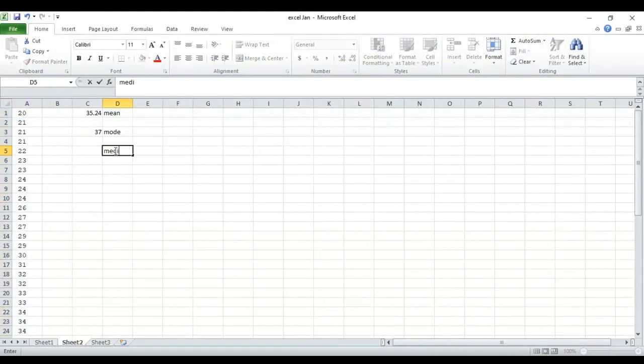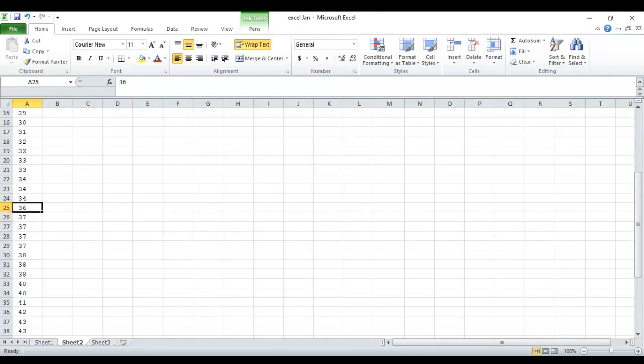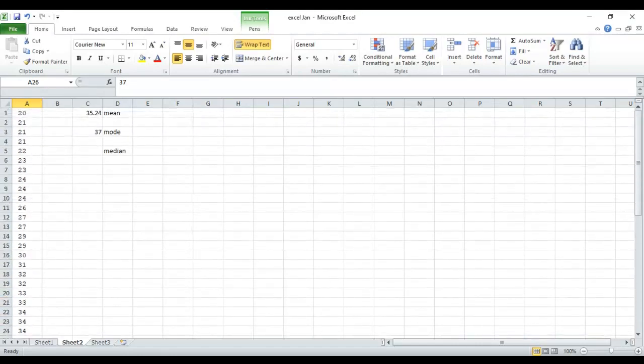Then the median. Now the median, if you don't have Excel, I mean, we all have to use Excel, but here you would first put your numbers in order, which we did. And then since we have 50 numbers, we would average the 2 middle numbers. Since we have an even number of numbers, we don't have just one middle number. We have 2 middle numbers, 36 right here, and 37. So we have 36, number 25, and 37. If we average 36 and 37, we get 36.5.